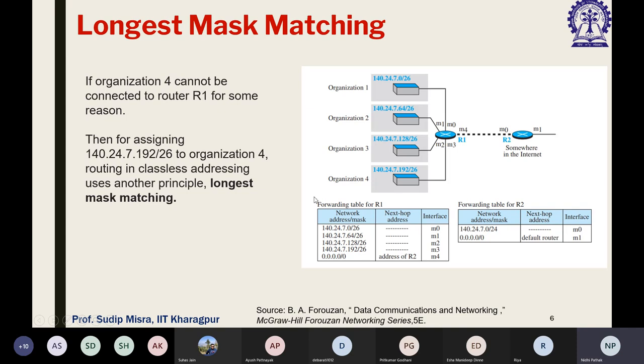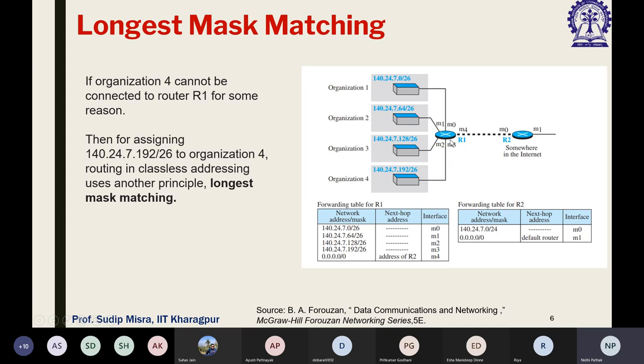So in longest mask matching, what happens? Before I explain that part, have a look over here. Let us say that this is your network. You have two routers, R1 and R2, which are connected this way. R2 connects to the internet and R1 connects to R2 in this fashion.